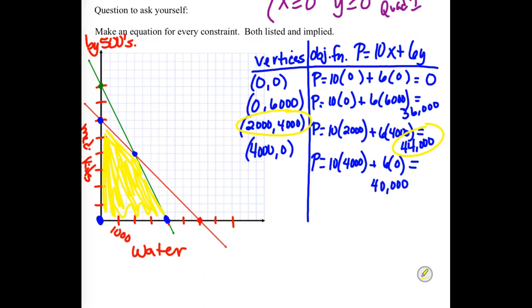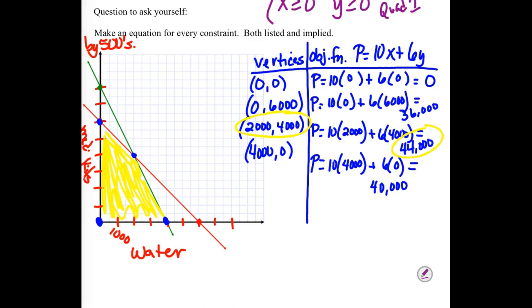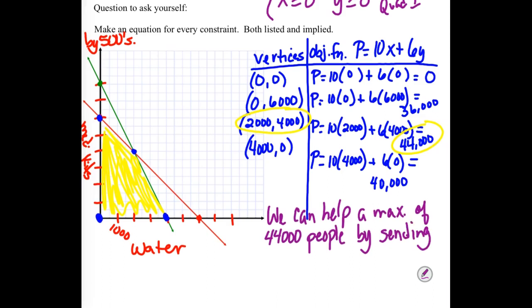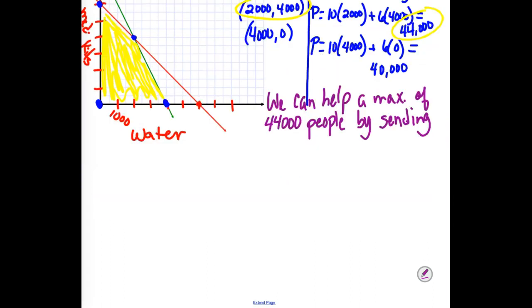So in this case, we would say we can help a maximum of 44,000 people by sending what? 2,000 containers of water and 4,000 medical kits.